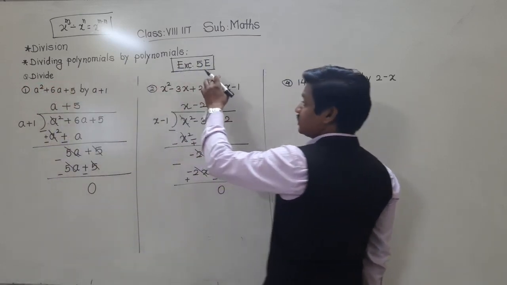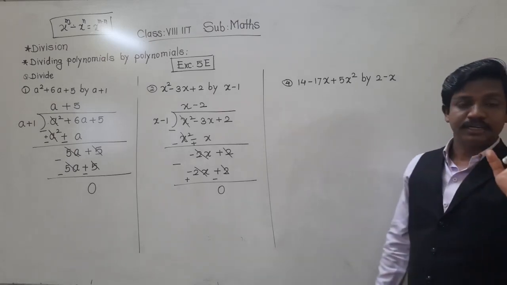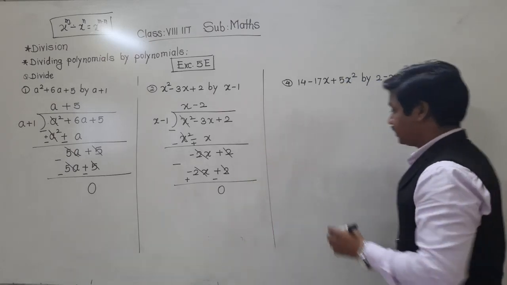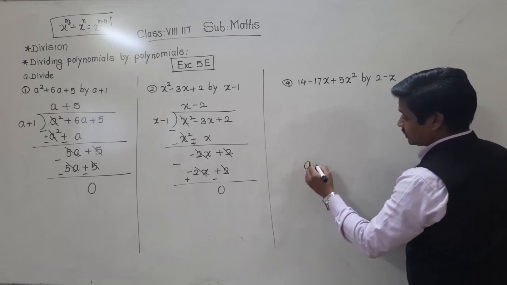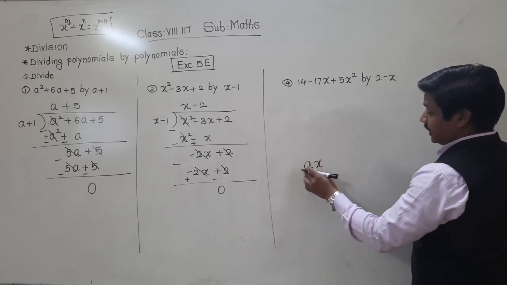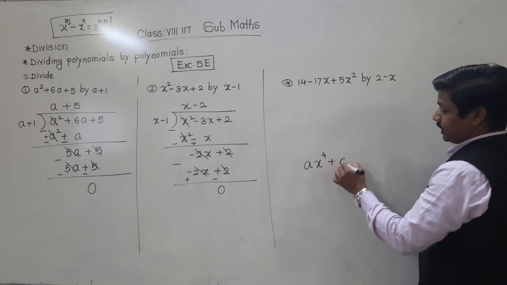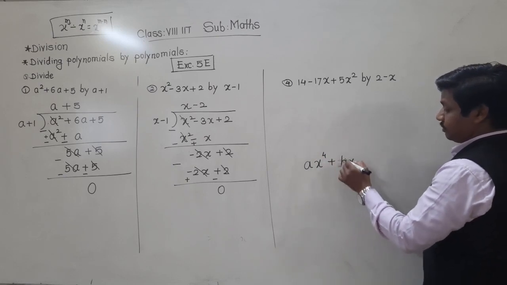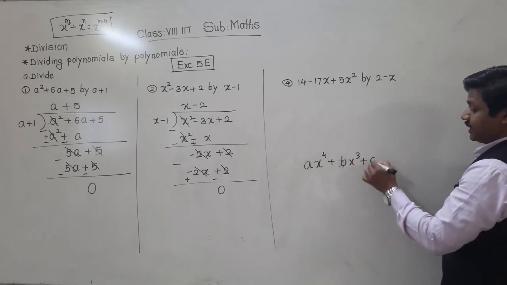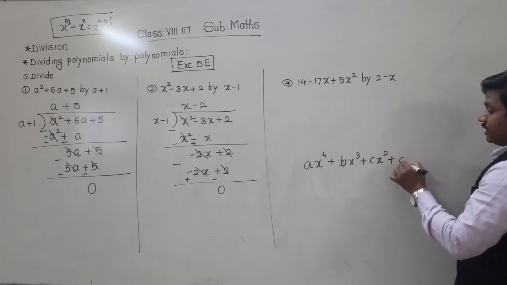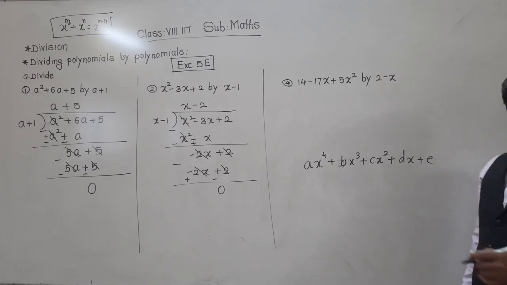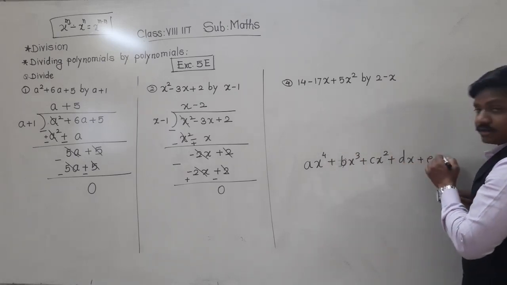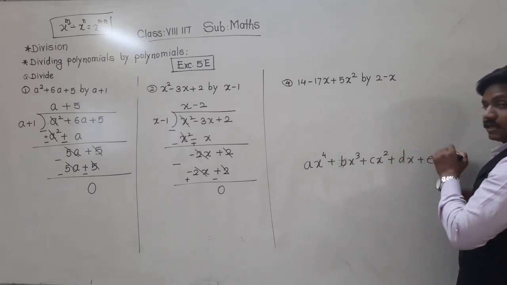So 2, 1, 0. Each polynomial must be in the form of ax raised to 4 plus bx raised to 3 plus cx raised to 2 plus dx raised to 1 plus e. Okay, means they should be in descending order 4, 3, 2, 1 this way.